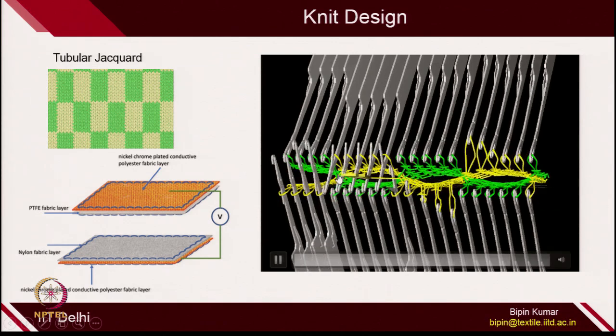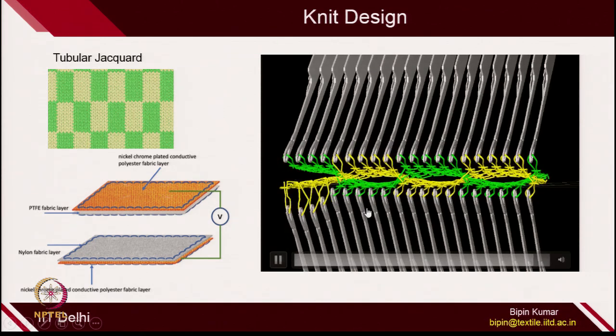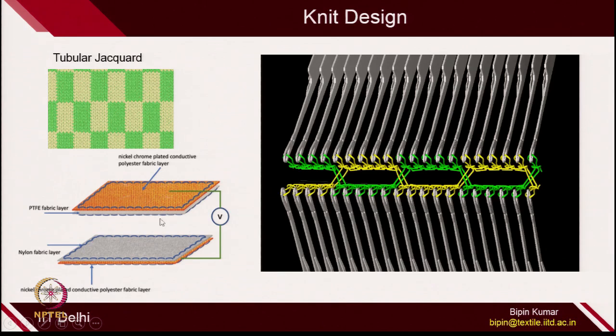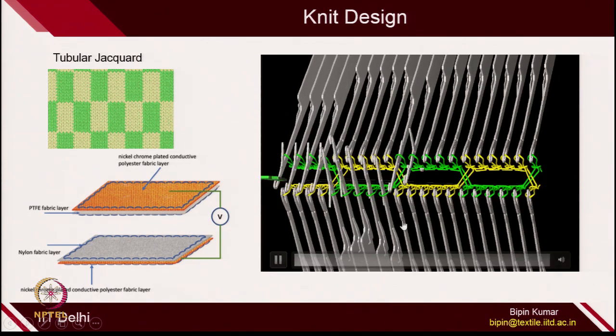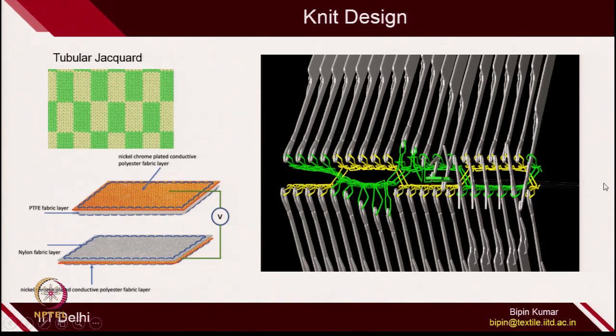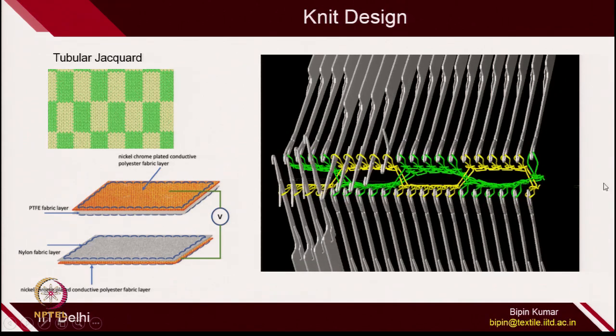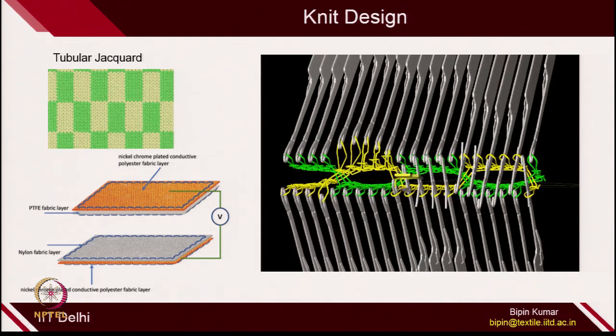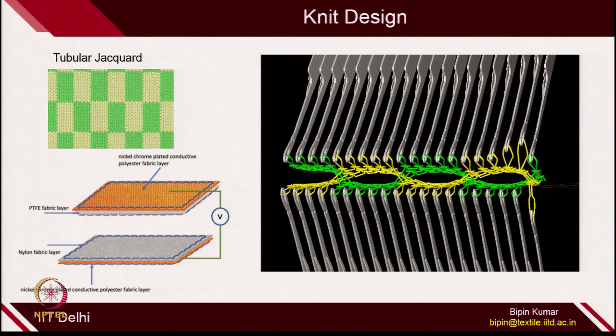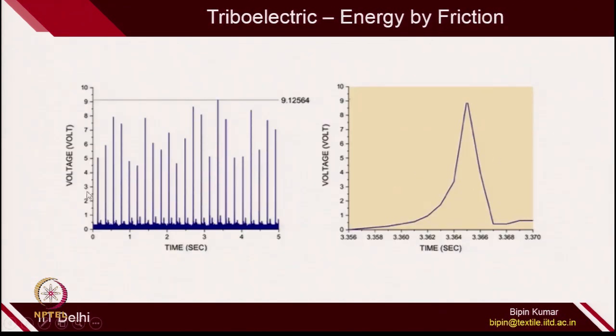With the help of conductive fabric on the top you can harvest those charges and harvest the energy. So, this is how simple knit designing is useful in making smart technical products. You can see here by tapping how much voltage can be generated. Up to 9 volts is generated by simple tapping of 2 layers of fabric.